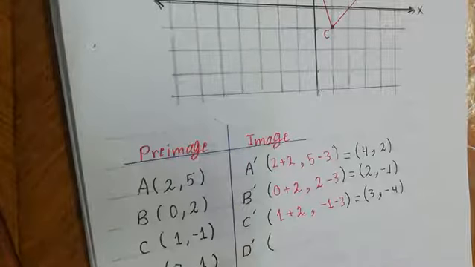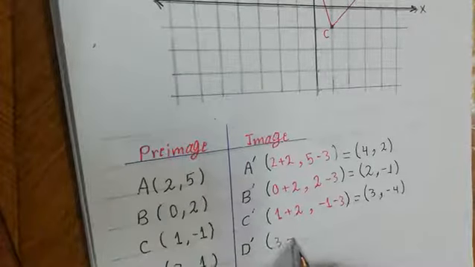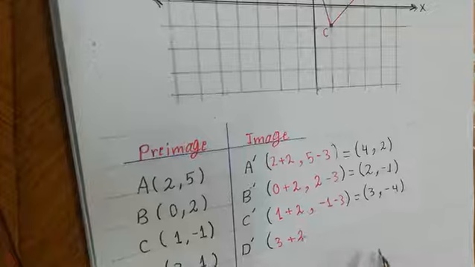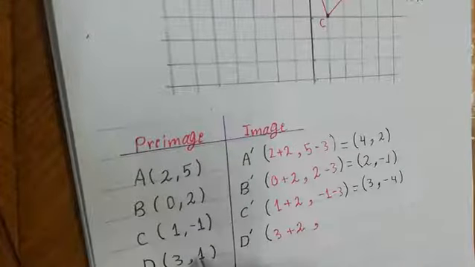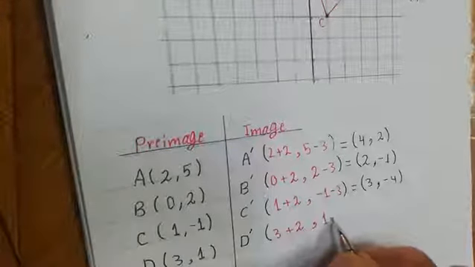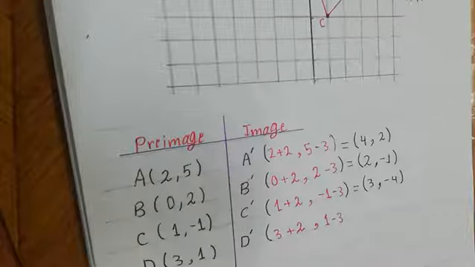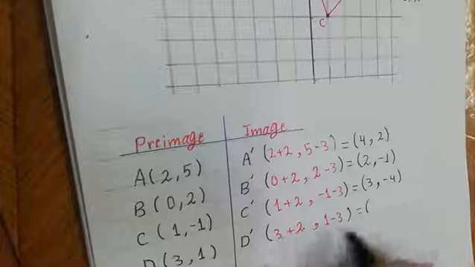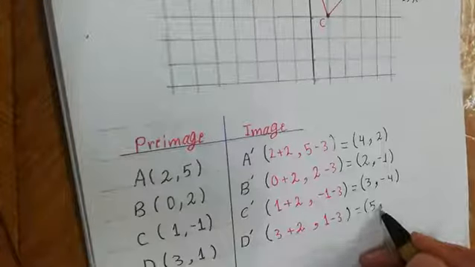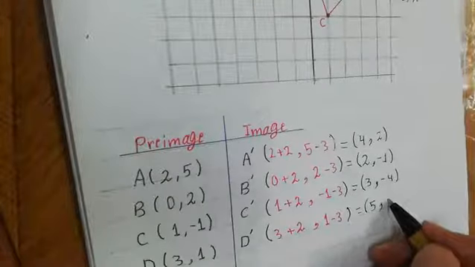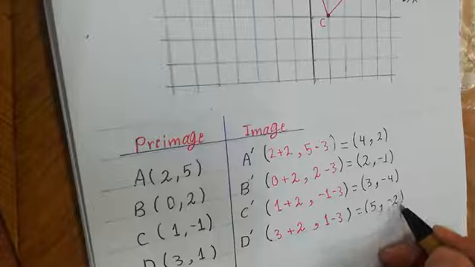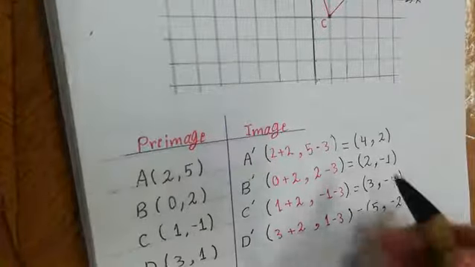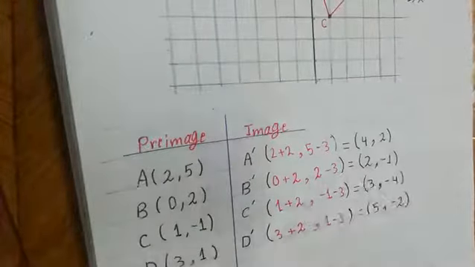D dash, the same thing: 3 plus 2 and 1 minus 3. You will get 5 and negative 2. So these are the images for these vertices.